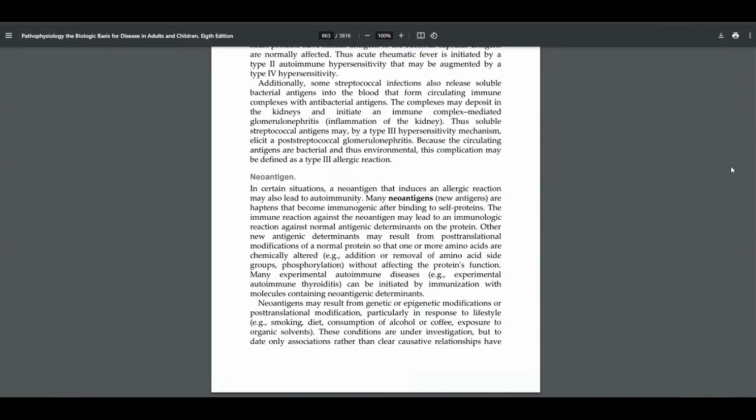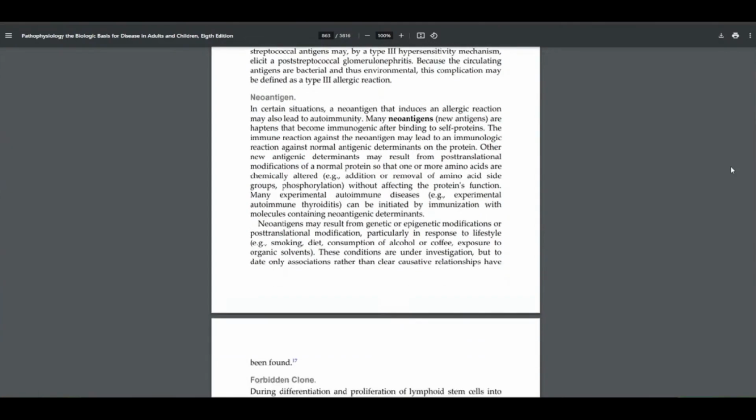Thus, soluble streptococcal antigens may be a type 3 hypersensitivity mechanism, eliciting post-streptococcal glomerulonephritis, because the circulating antigens are bacterial and thus environmental. This complication may be defined as a type 3 allergic reaction.